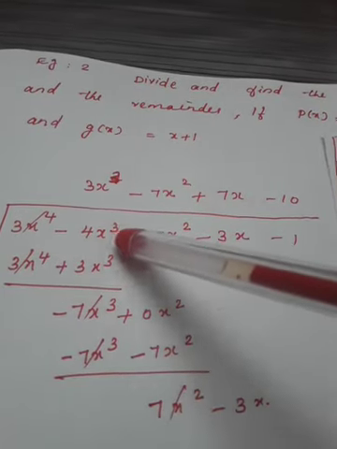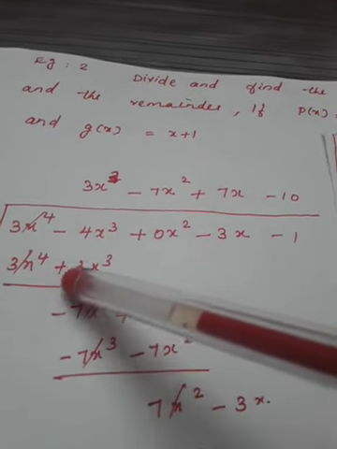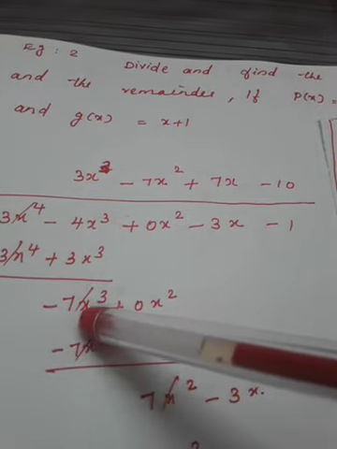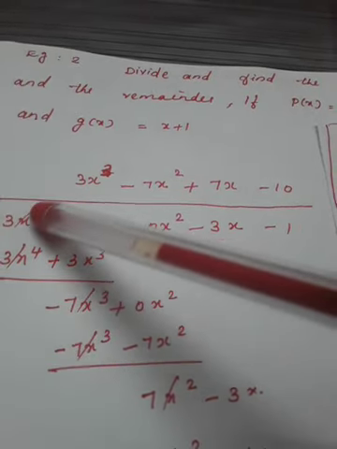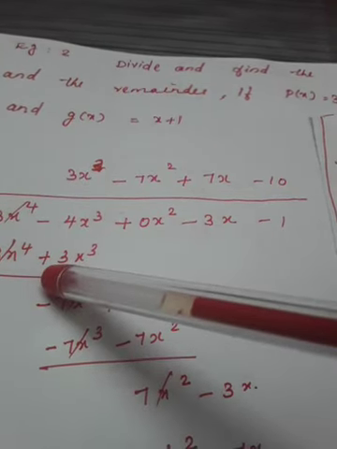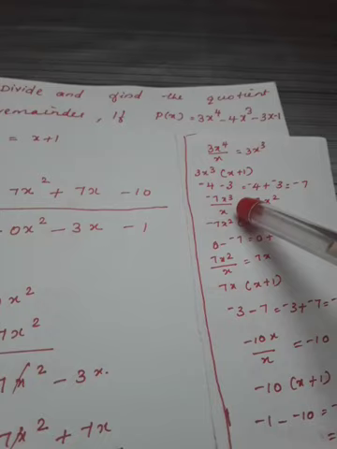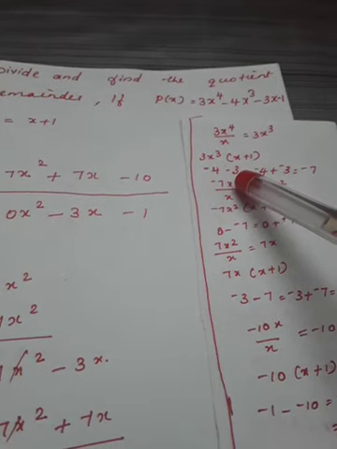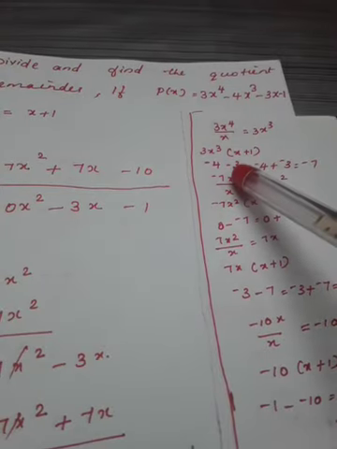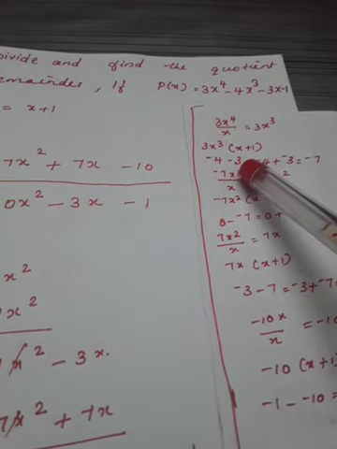Next, negative 4x cube minus 3x cube. Here x cube is common, that we can write first. Do the calculation on these coefficients. So negative 4 minus positive 3. Change the subtraction as addition and write the additive inverse of the next number.